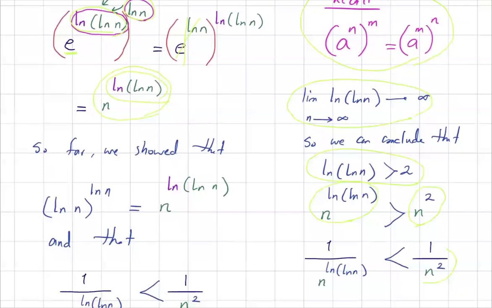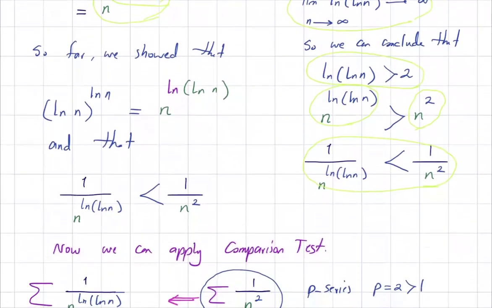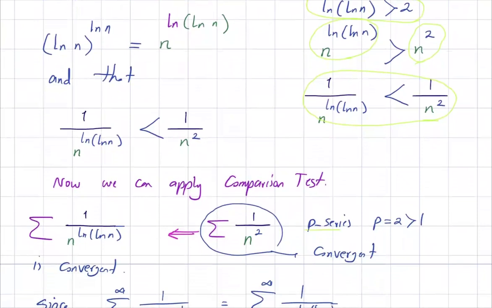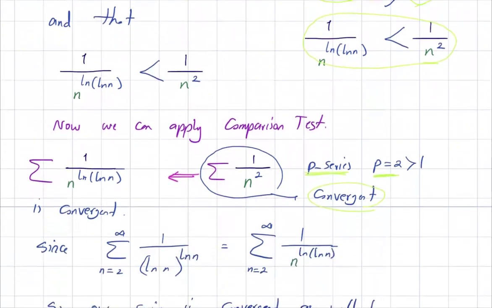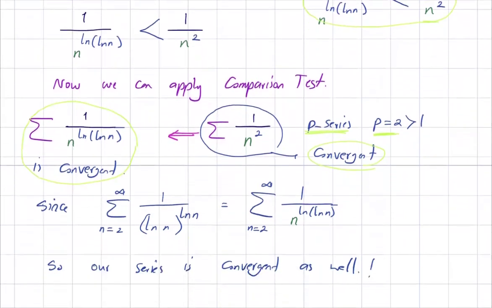If you flip these two, you get 1 divided by n to power ln of n less than 1 over n squared. But the series on the right-hand side is a p series, and p is 2, which is more than 1, so you end up with a convergent series. So the series on the left-hand side must be convergent. But the series on the left-hand side is nothing but 1 divided by ln of n to power ln of n, which means that the series must be convergent as well.